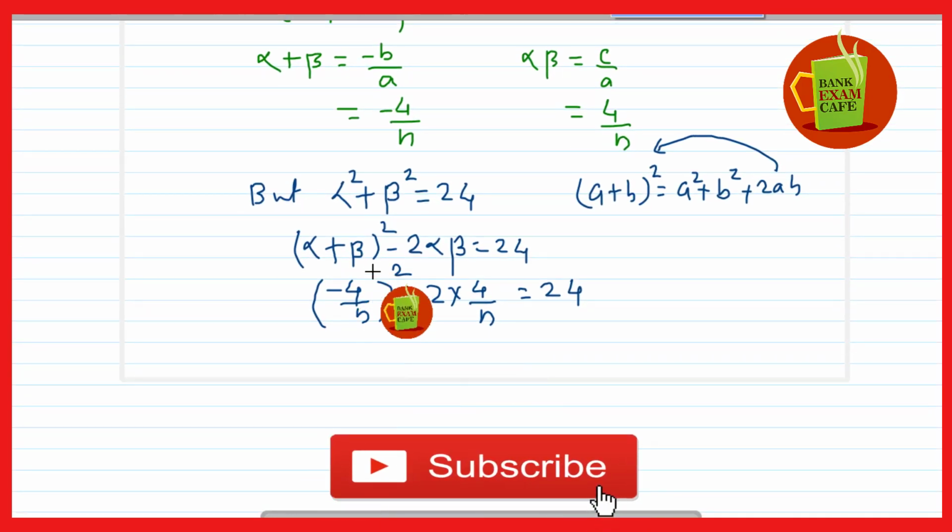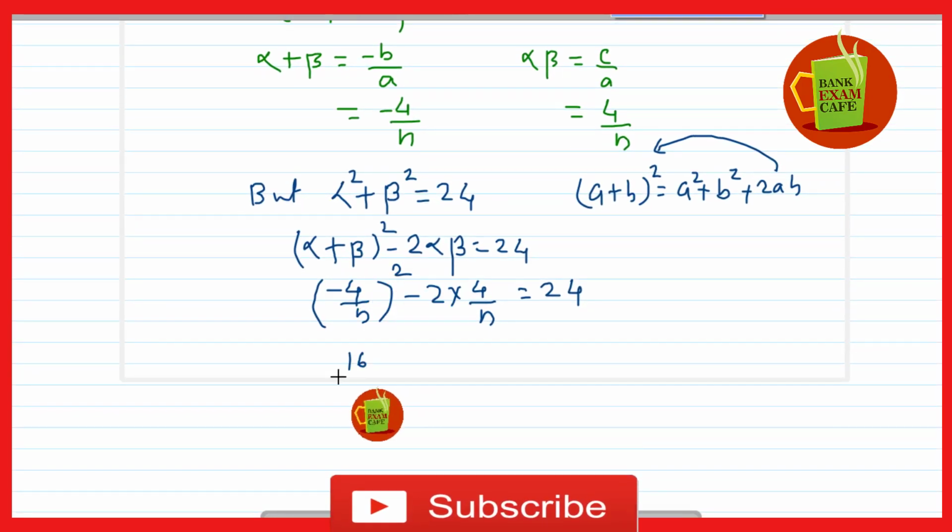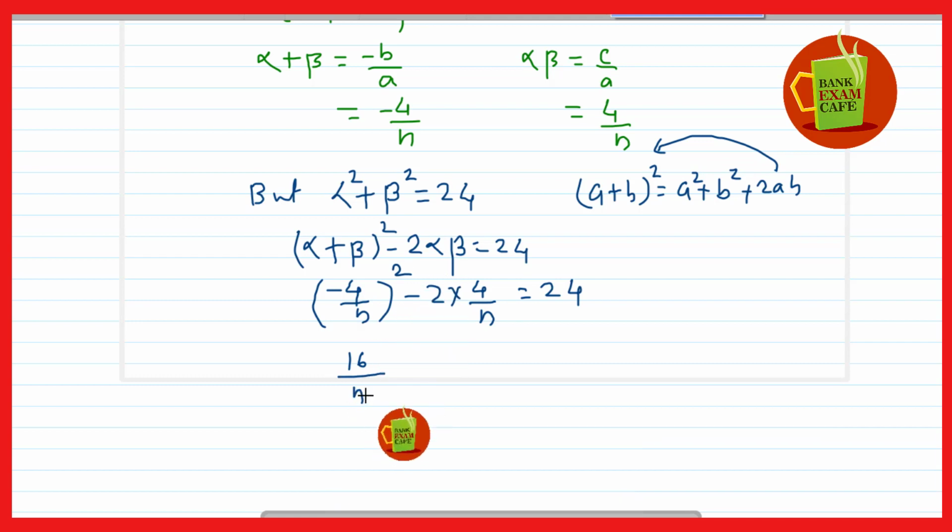Here we get minus 4 square will be 16 upon n square, minus 8 upon n, which is equal to 24. Now n square will be the LCM throughout the equation, so multiply by n square throughout the equation, and you will get 16 minus 8n equal to 24n square.